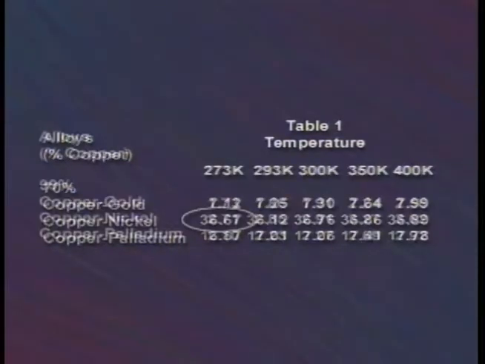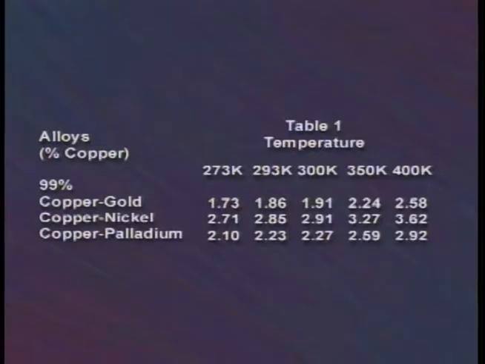Next, find the electrical resistivity at 300 degrees for a 99% copper-nickel alloy. This value from the table is 2.91. So we're comparing 36.67 to 2.91. How many times greater is the first value?